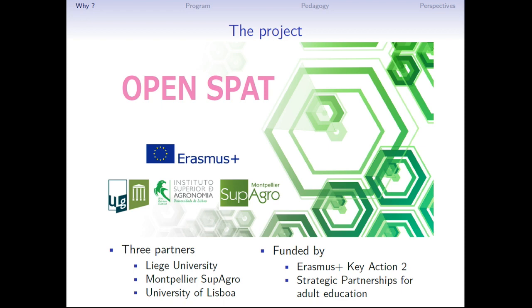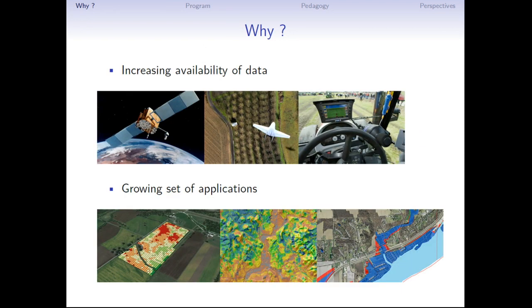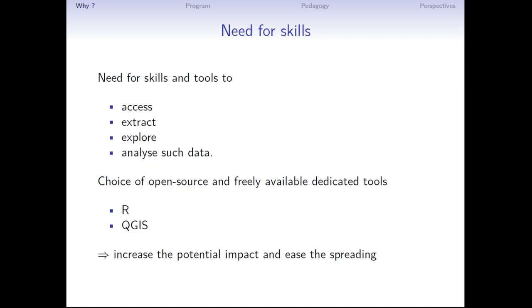Why this project? Because we know, especially here, that there is an increasing availability of spatial data with satellite imagery, drones, GPS, and lots of applications in agronomy, land use planning, environmental science. Spatial data is nearly everywhere and available to non-specialists.